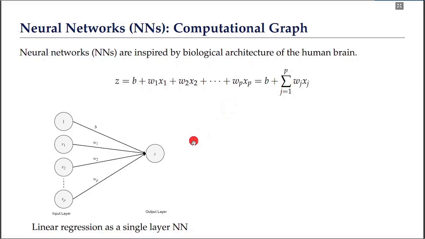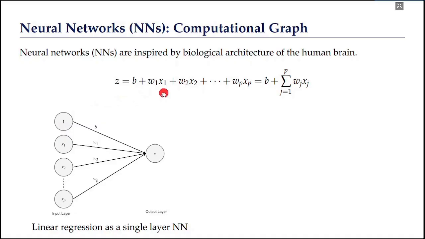Here we have a part called the input layer and a part called the output layer. The input layer consists of input nodes. For example, the input for b, which is called the intercept in statistical models, or the bias in machine learning, is 1, a constant term.